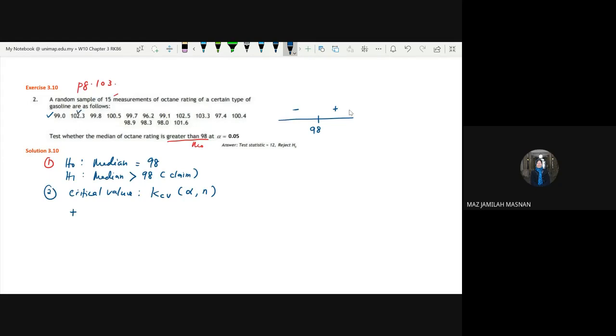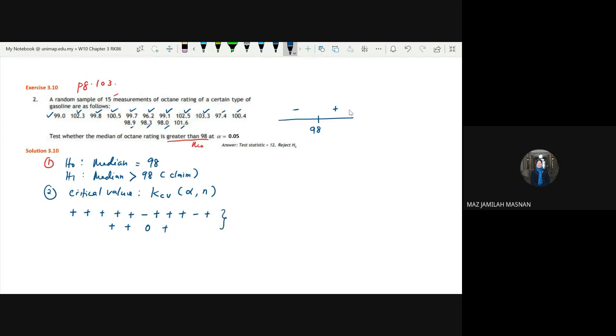Second, 102, still positive. 99, positive. 105, 100.5, positive. 99.7, positive. 96, negative. 99, positive. 102, positive. 103, positive. 97, negative. 100.4, positive. Then you have 98.9, positive. 98.3, positive. 98, 0. 101, positive.